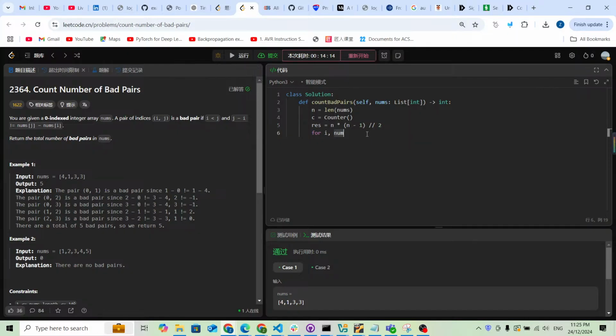Then we count how many good pairs. For i, num in enumerate(nums), we put it inside a counter.